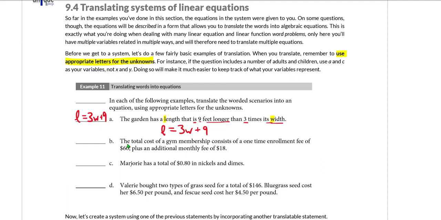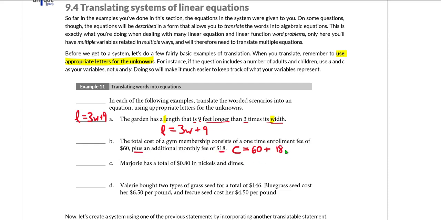11b, the total cost of a gym membership consists of a one-time enrollment fee of $60 plus an additional monthly fee of $18. So I am going to say C is the total cost, equals the one-time enrollment fee, so that's $60, plus $18 per month.